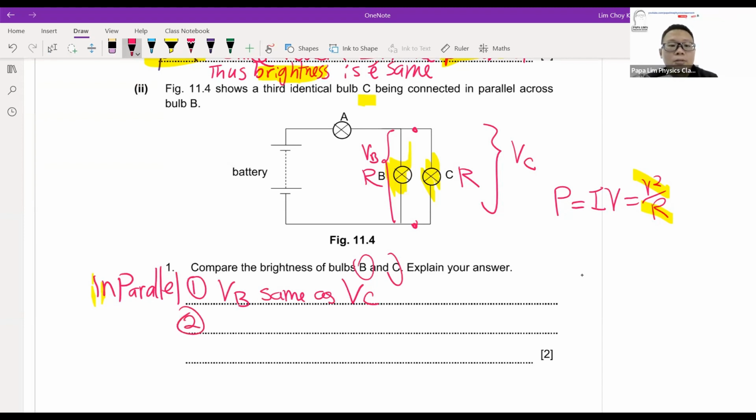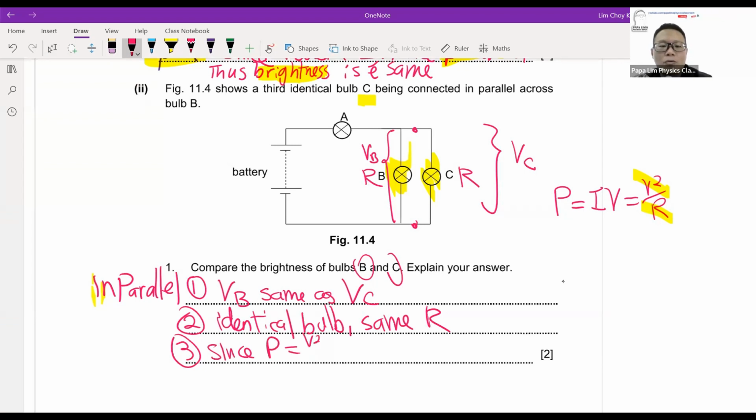And secondly, because they are identical light bulbs, they will have the same resistance. Then once I have done this, I can conclude, because power is V squared over R, that the power of B is the same as the power of C. And this will lead us to conclude that they have the same brightness.